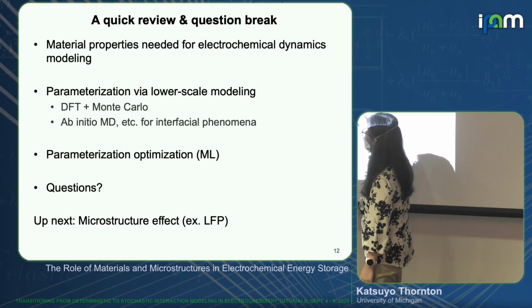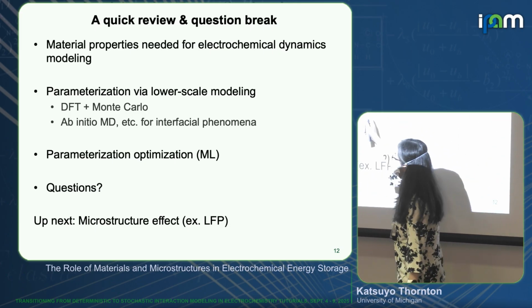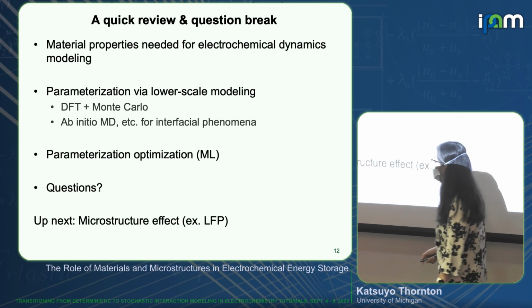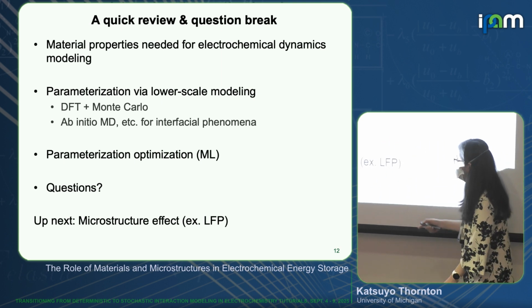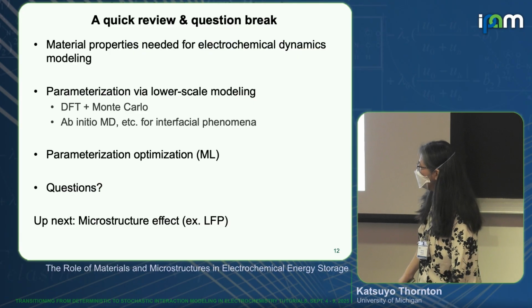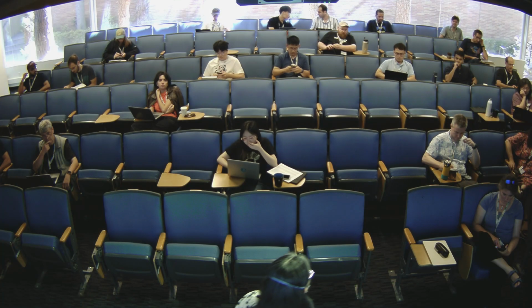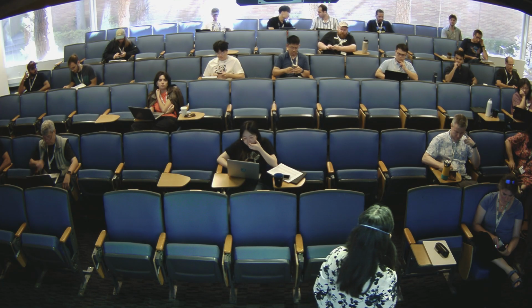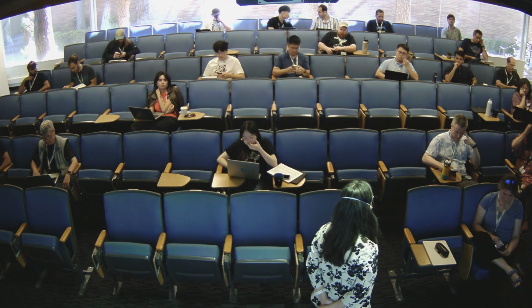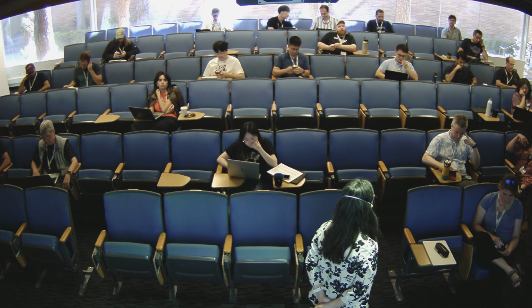And then there are usually 3 uncertain parameters, and then you have to use some ML to get that done. So any questions up to this point? Yes? You said on the last slide that you used particle swarm optimizers. Did you find that you needed to specially tune the hyperparameters of that to work?